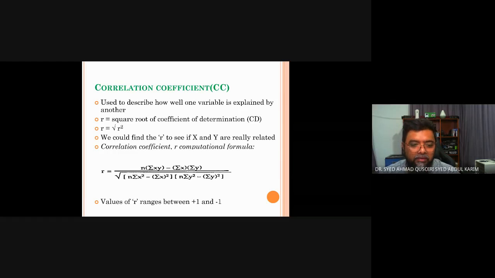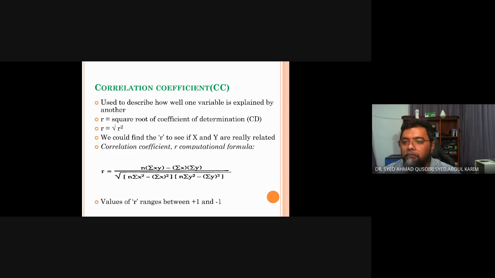As X increases one value, Y also increases one value. If the relationship is -1, it is a perfectly inverse relationship: as X increases one value, Y decreases one value. That's a perfect negative, and this is a perfect positive.